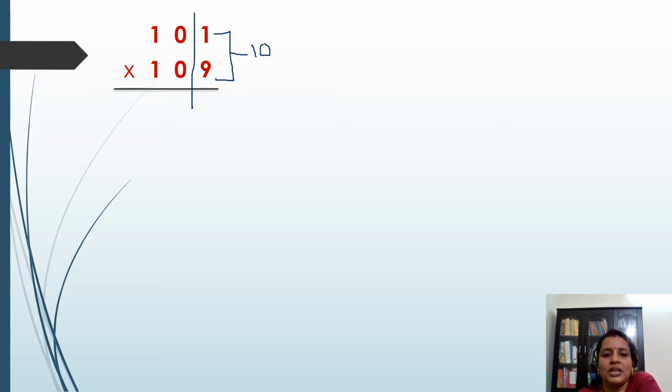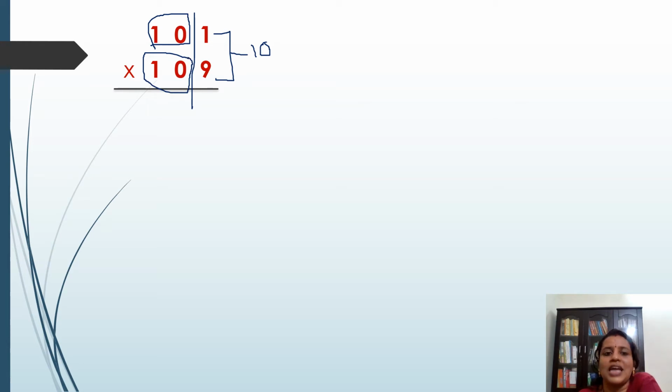So the total is 10, so I can apply the sutra last totaling 10. But another condition which we have to check here is that the initial digits should be common. I'm having 1, 0. What can we do here? Can we take this as a single number 10?